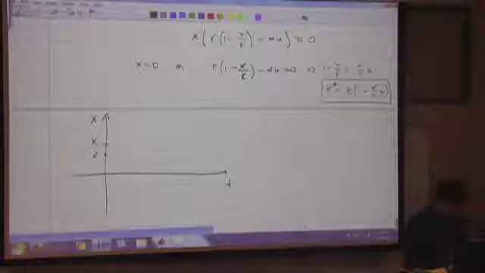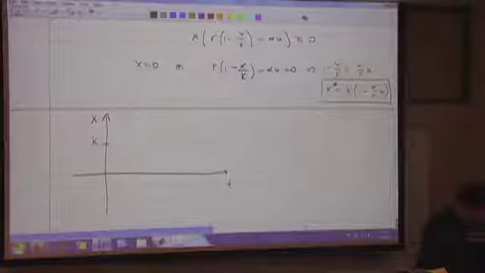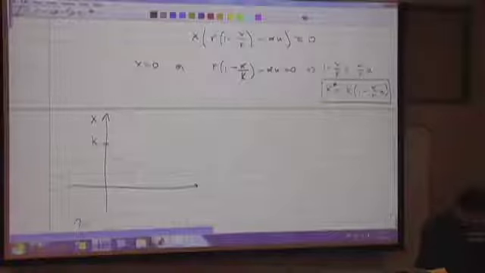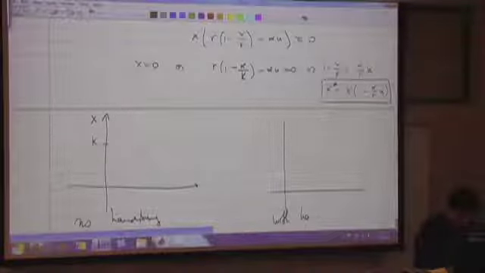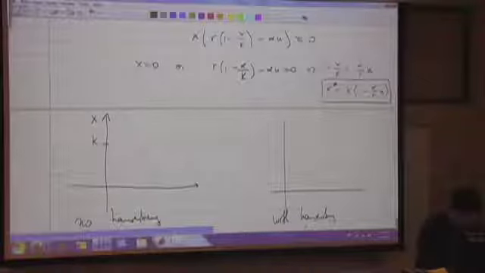So maybe let me do this. In absence of harvesting, so no harvesting, and with harvesting, it's supposed to be the same level here.